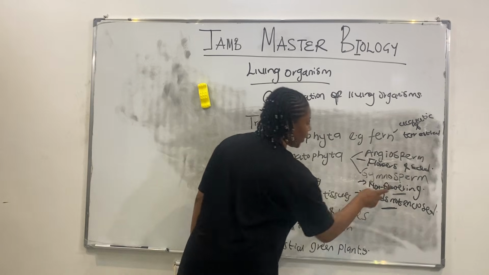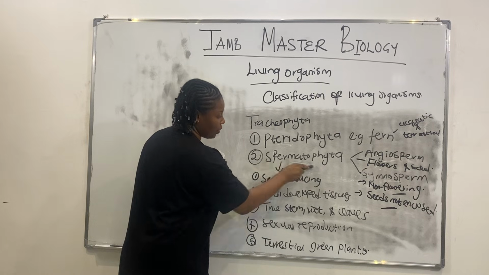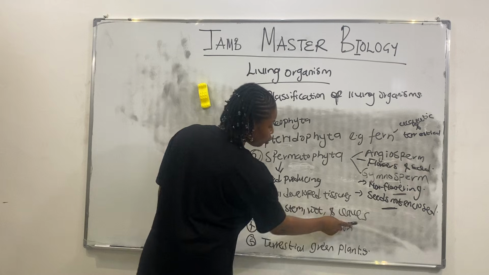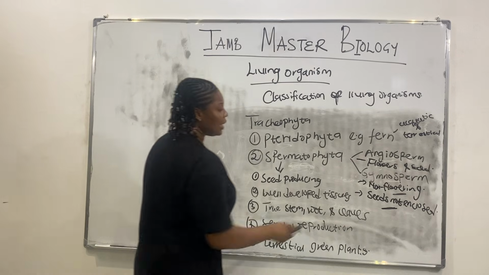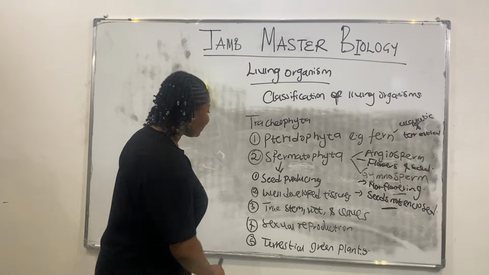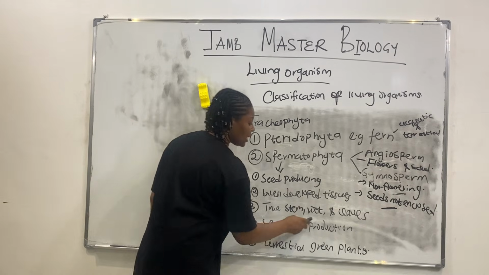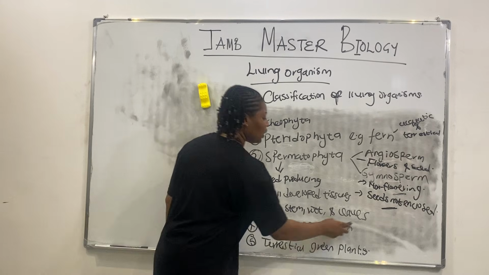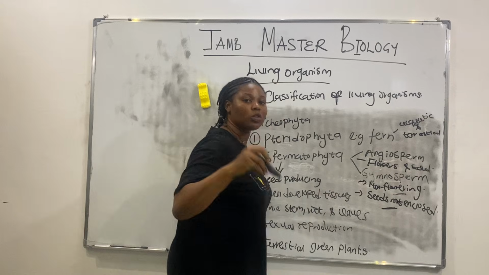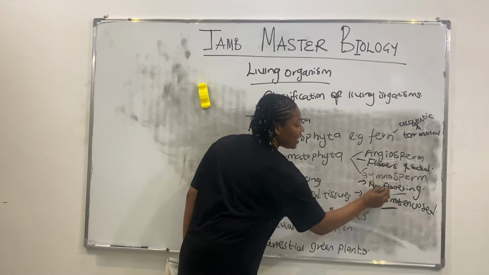Now under gymnosperm, they are plants under spermatophyte. They have true stem, true roots, and true leaves. But they do not produce flowers. So any tree or plant that you see that has well developed stem, well developed roots, and well developed leaves, but they don't have seed enclosed, that means you can see their seeds are not covered with something, and they do not have flowers.